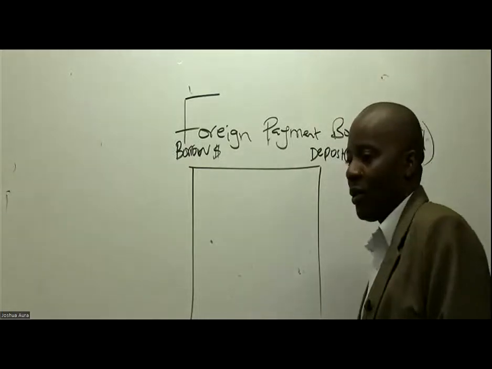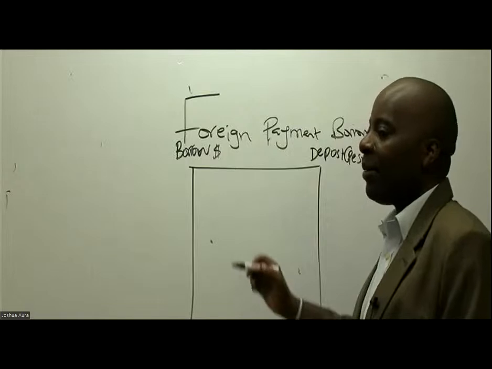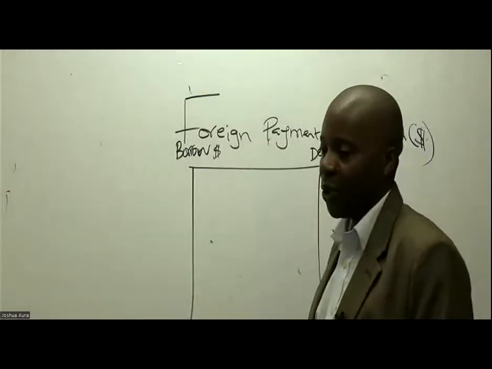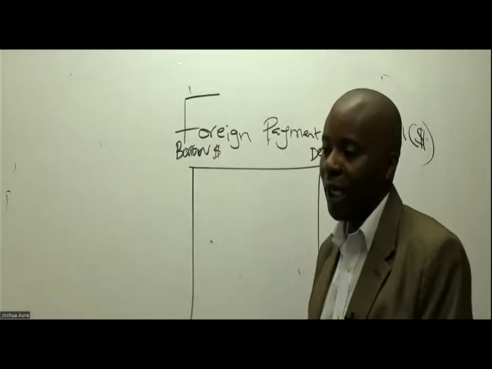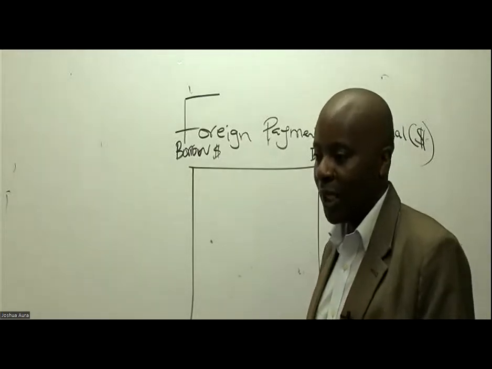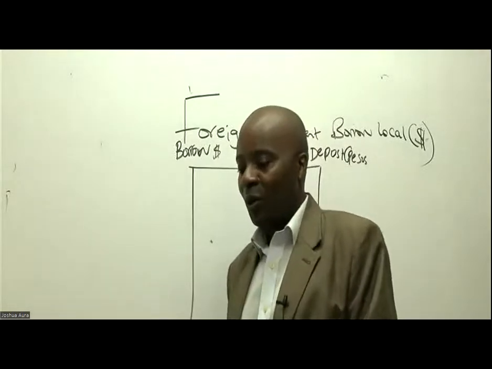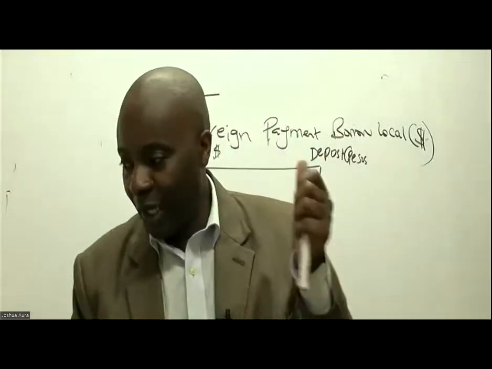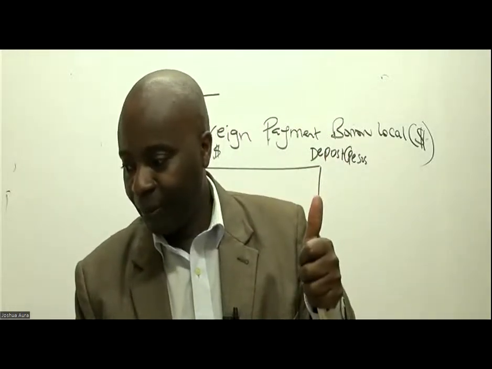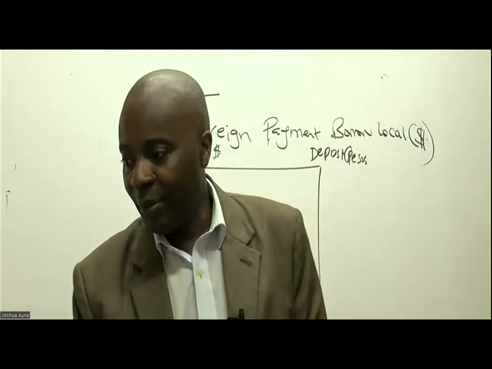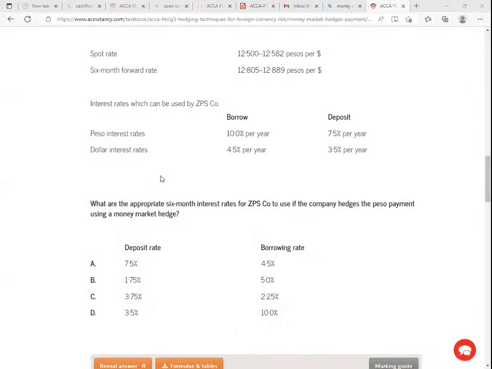But ladies and gentlemen, in this question they don't want me to do any calculations. They only want rates. So here I would want the borrowing rate of the dollar.